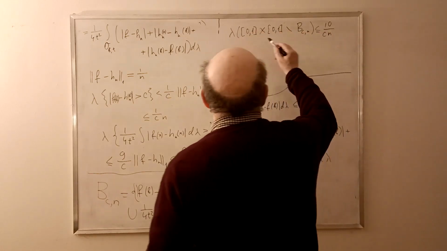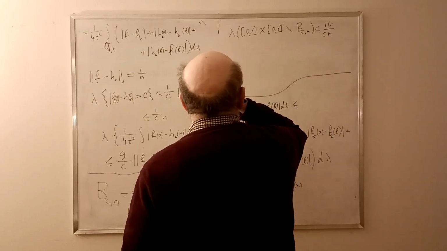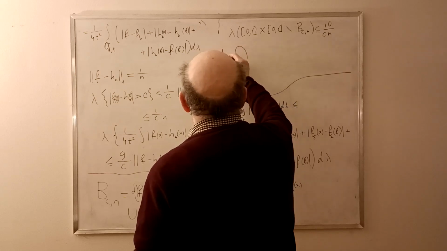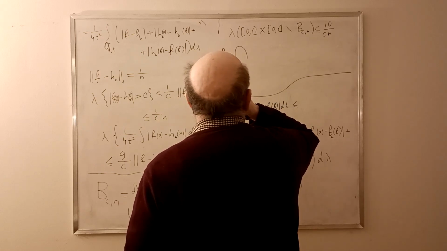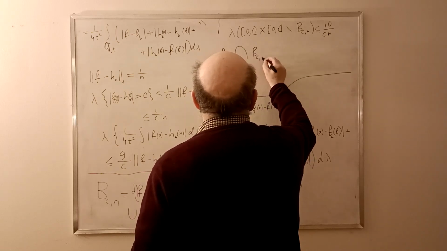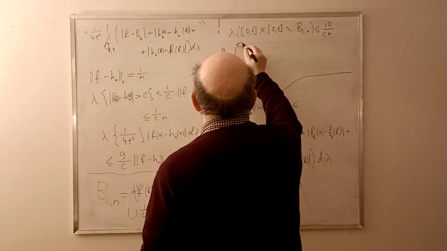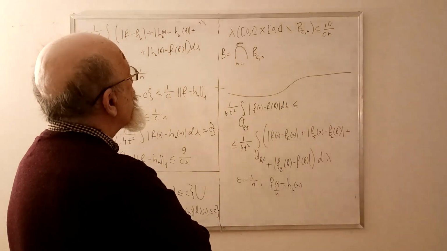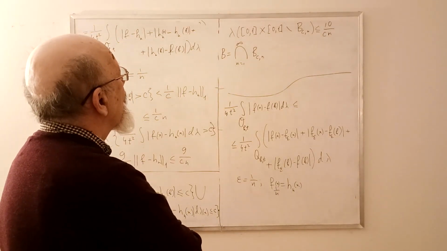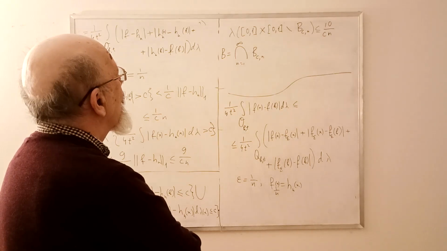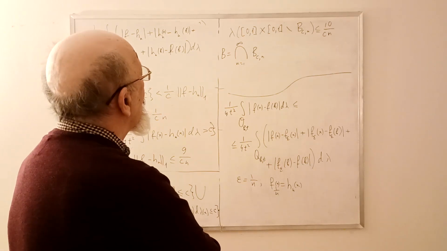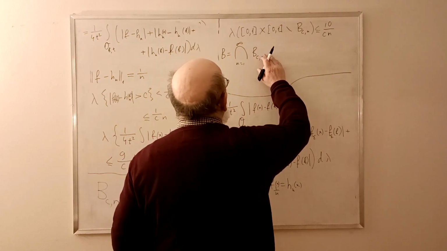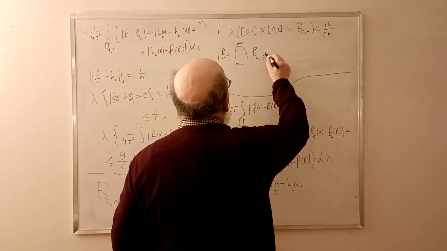And now we consider any point, okay, and consider B intersection B c 2 to the power n.